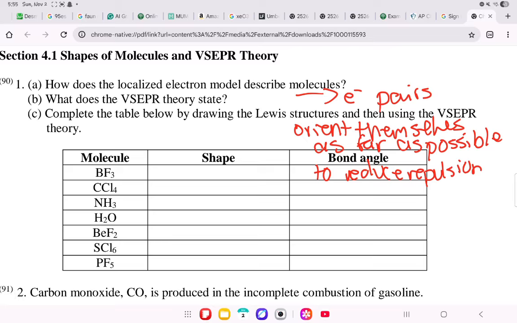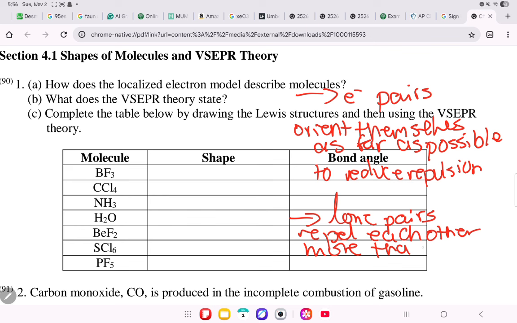The second thing that it states is that non-bonding electron pairs, what does this mean? Lone pairs, basically. Lone pairs repel each other more than a lone pair would repel a bonded pair. Okay, so this is the second thing. And the third and final thing is similar to that topic.